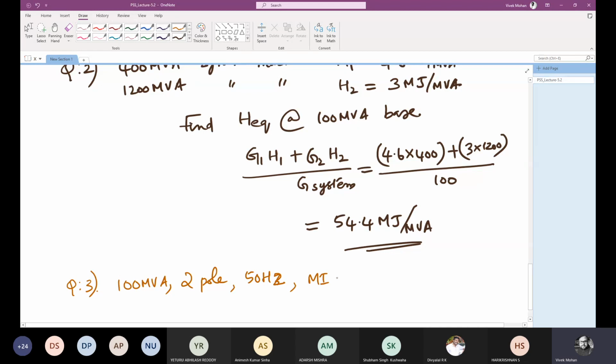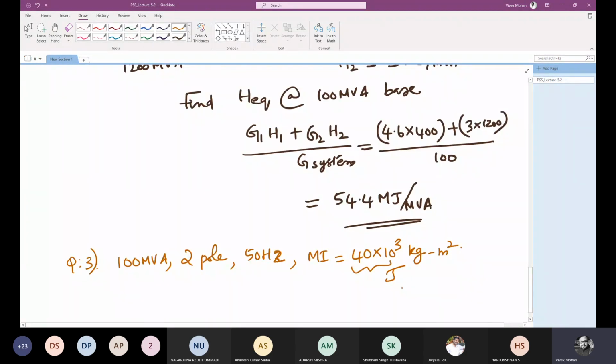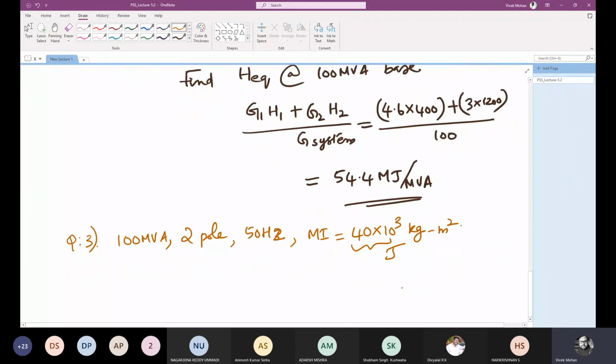J, 40 into 10 cube kilogram meter squared. Then what is the energy stored in the rotor at the rated speed, and what is the corresponding angular momentum? So two things are asked.